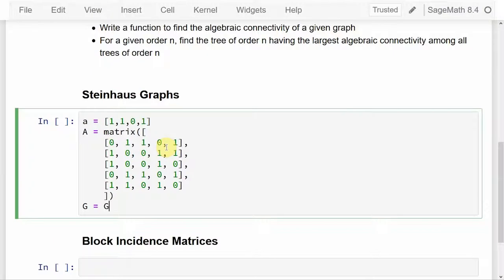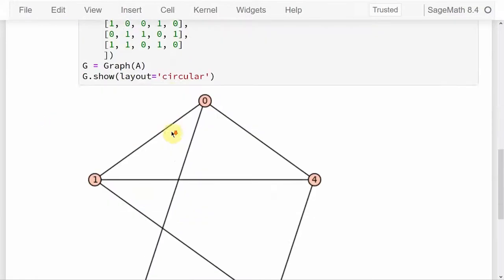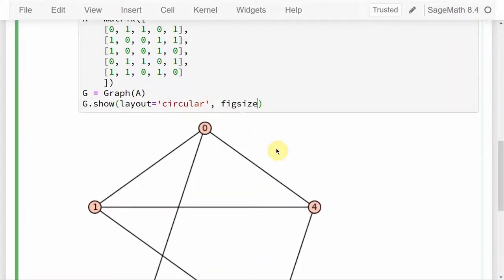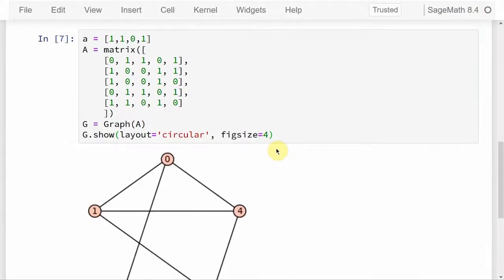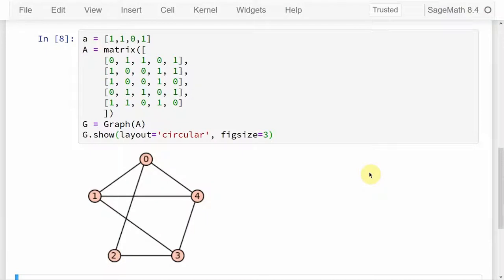So I'll say G is equal to graph of A. Maybe I'll use a circular layout so that it's plotted nicely. Okay, this is the graph. Zoomed in. Yeah, right. So this is the graph.